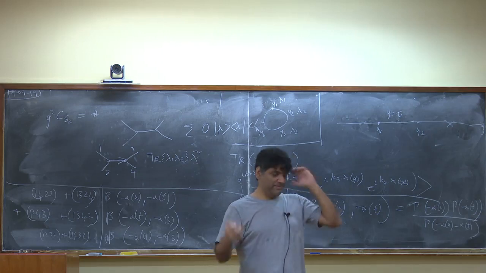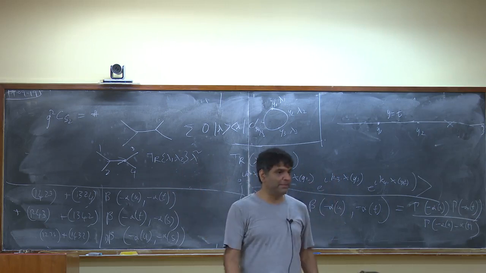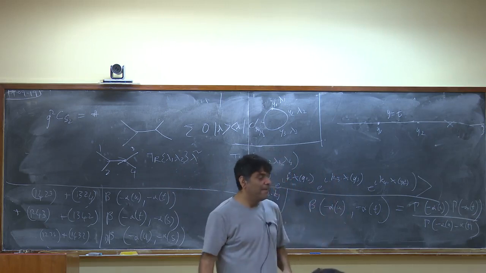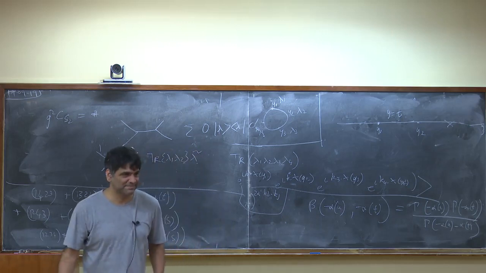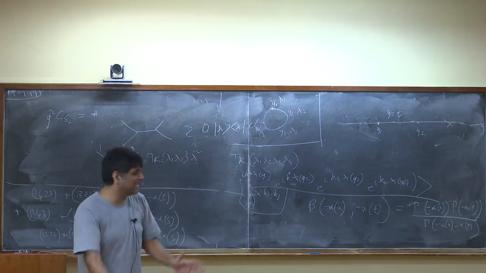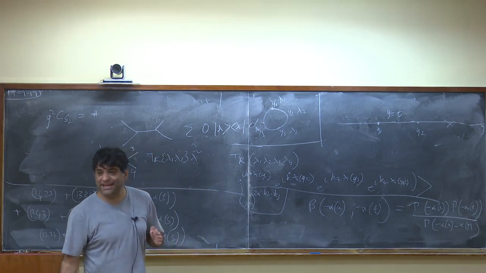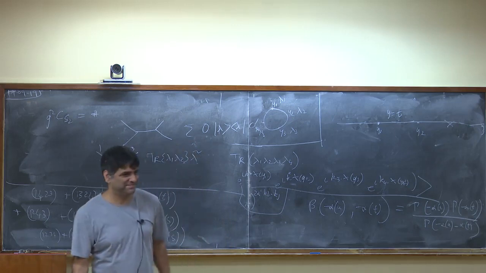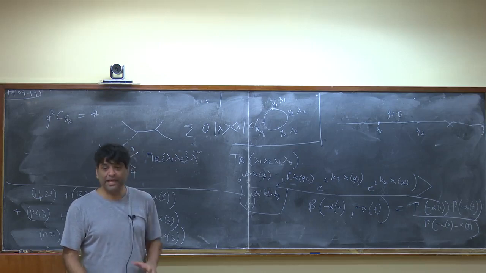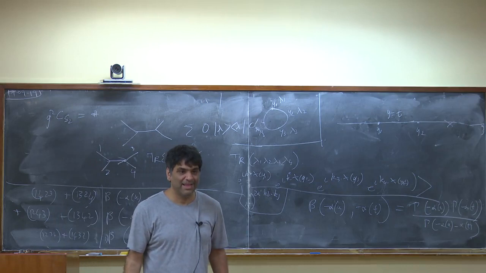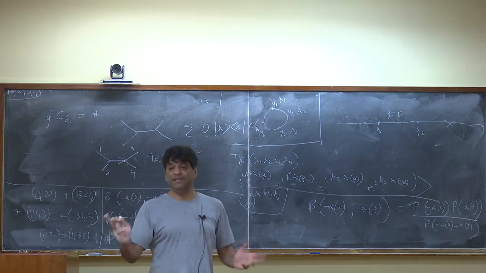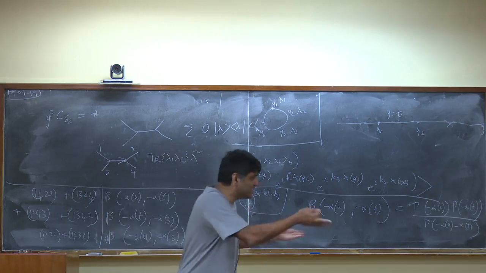There was one answer which was manifestly invariant under permutations. That was fine. But if we expanded it in poles, there was one expansion of the answer in which you expanded in S-channel poles. Another expansion of the answer in which you expanded in T-channel poles. Okay? And those two expansions were expansions of the same function.